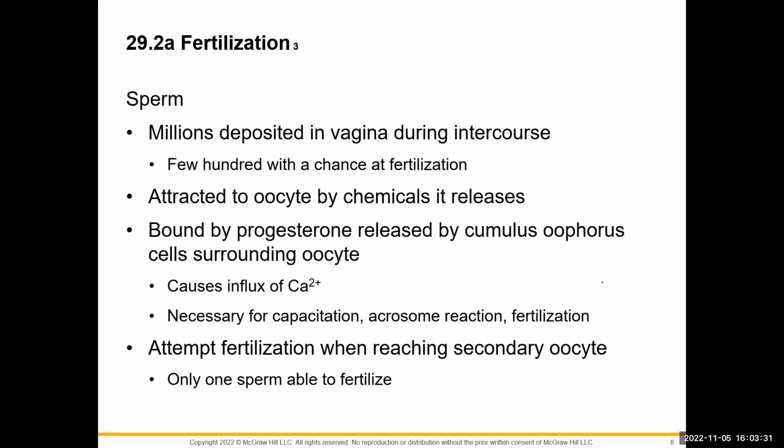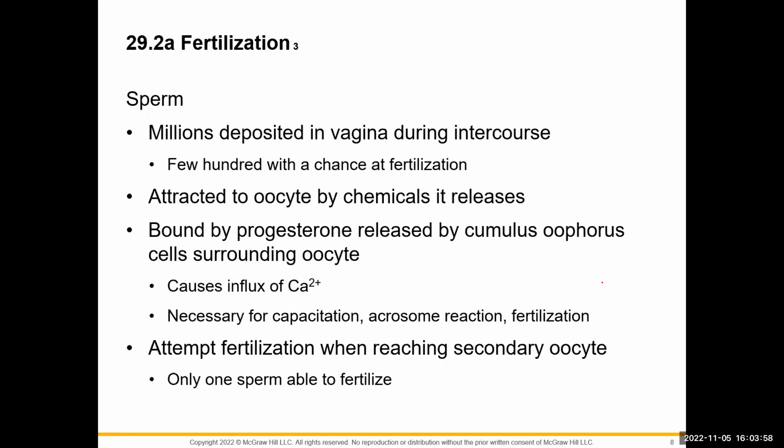And we're going to talk about the acrosome reaction. That's when the sperm is trying to burrow its way into the secondary oocyte, and then eventually we yield fertilization from that. Because of all this, think about it: if you get hundreds of sperm converging on the secondary oocyte, only one of those sperm is going to fertilize the egg, by design.